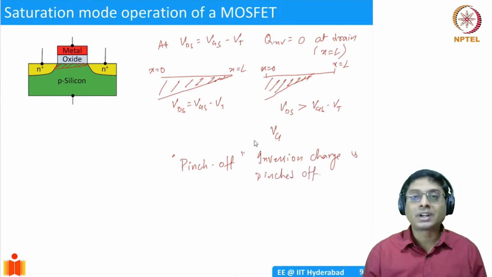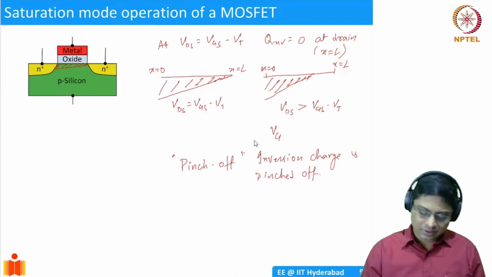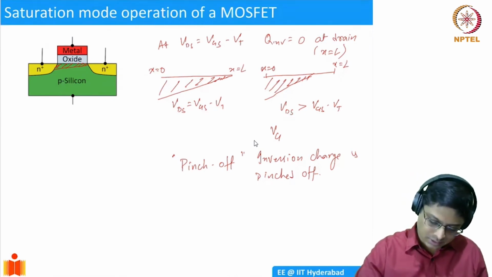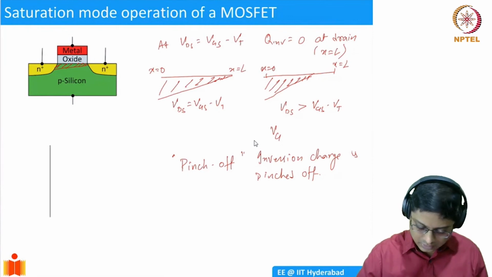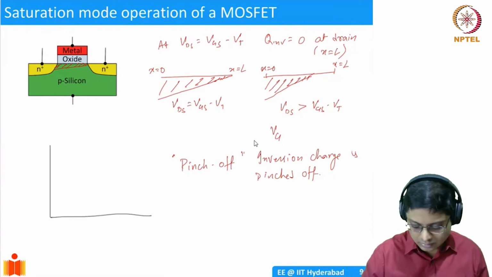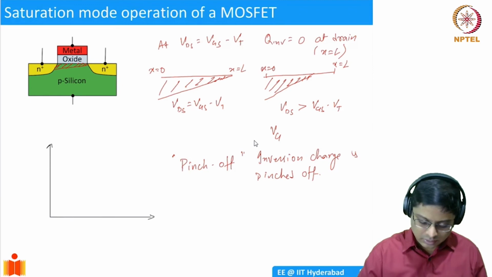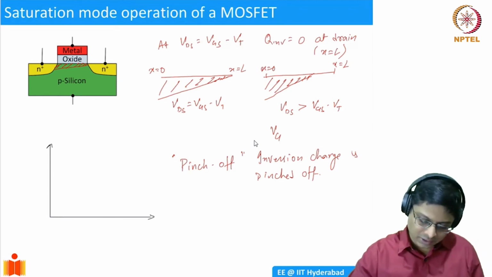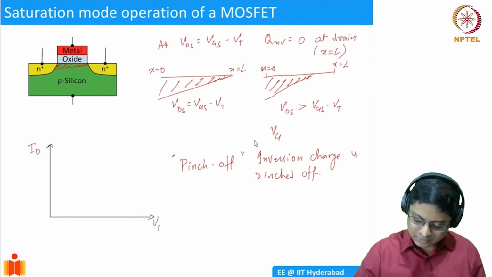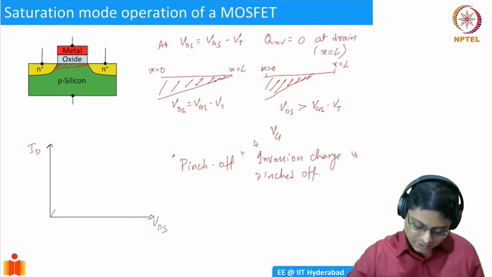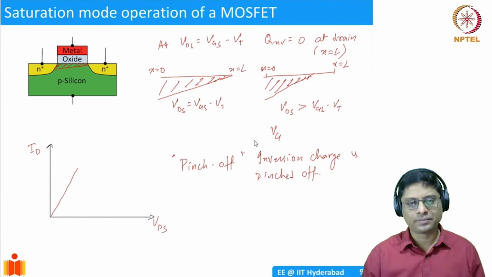So what happens when you have pinch off? Let's say initially we have seen in the IV characteristics, if you call this ID, this is VDS. There is an increase, a linear mode of operation.